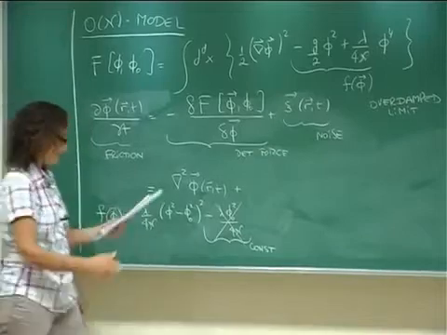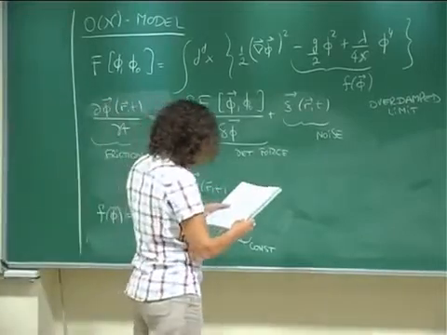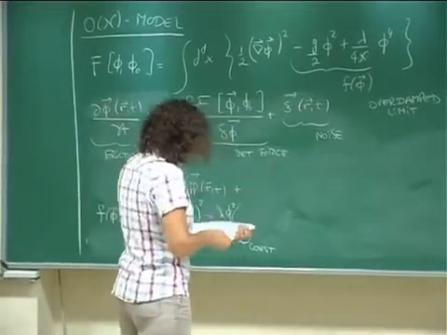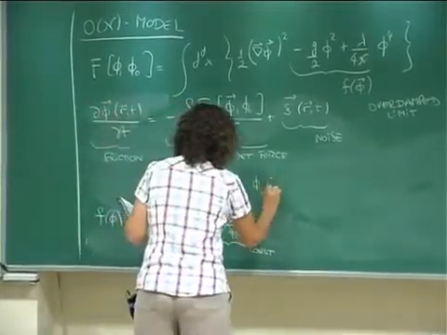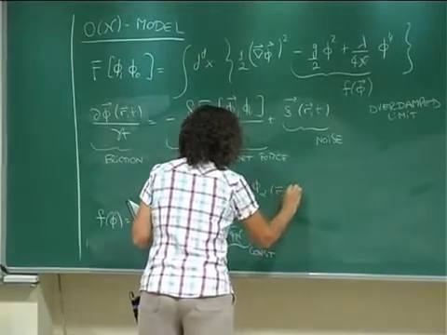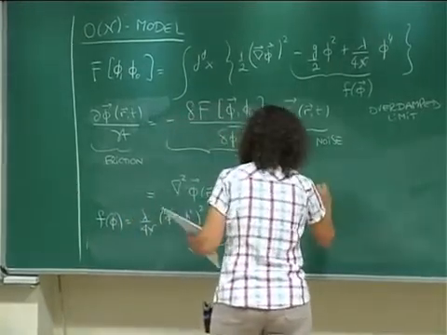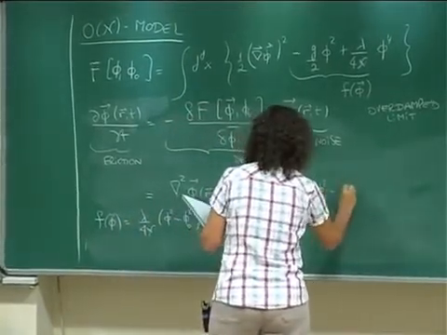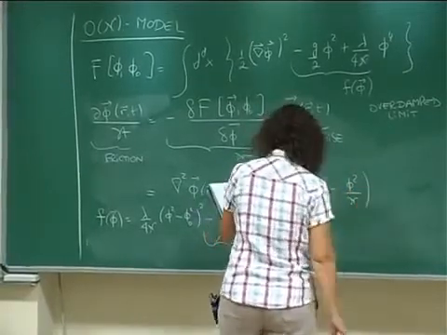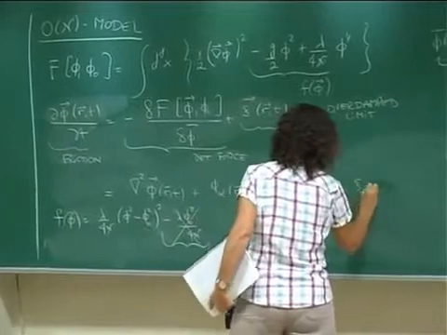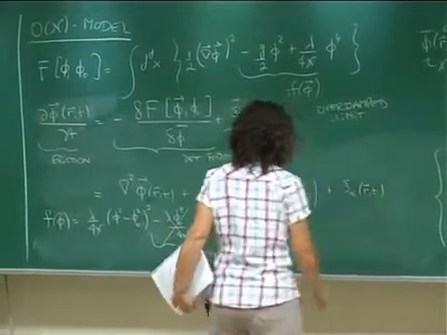Now I have the f of phi written in a more convenient way. That is the one that I'm using in my notes. Good. So now, if I do that and I take the derivatives, I will find this thing here.